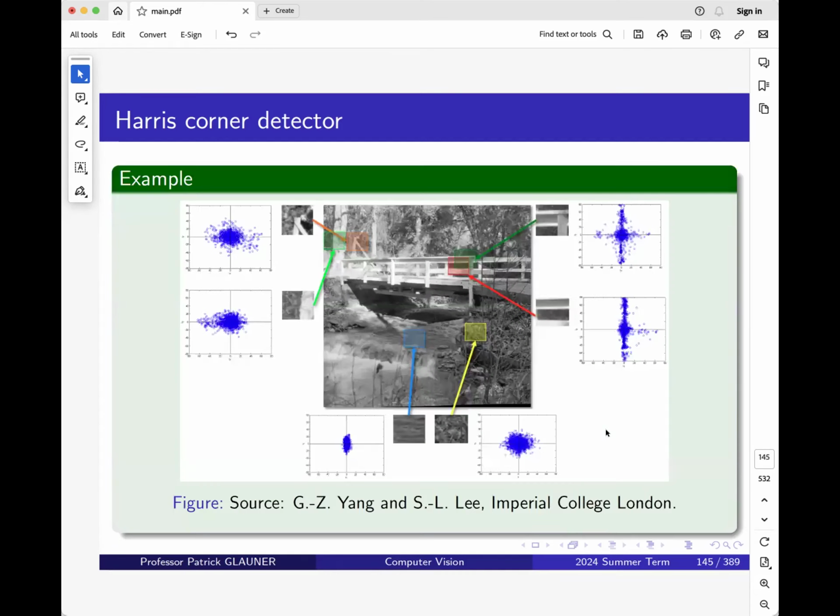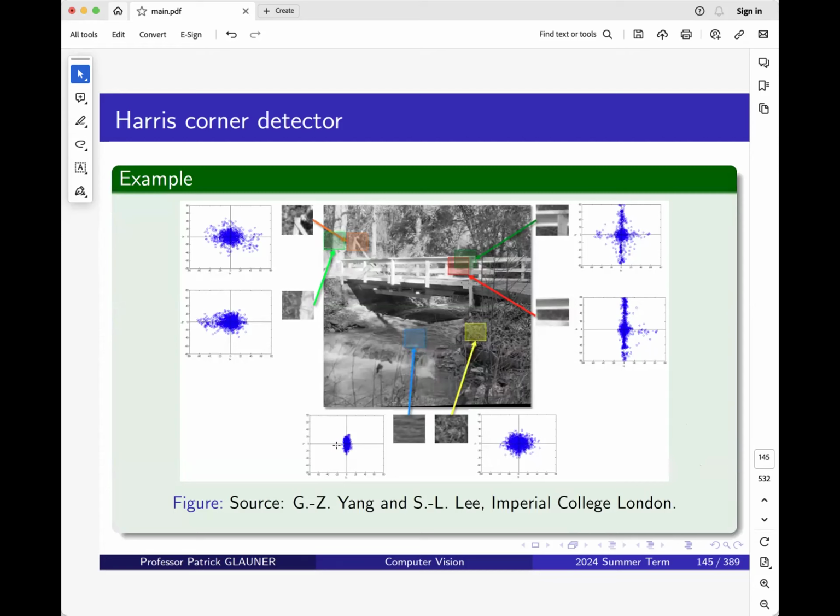Why do we need the eigenvalues? This is also one question we got here in the chat. What can be shown is we have sample windows in here, and we see, for example, one sample window which refers to a relatively uniform area in here or here.